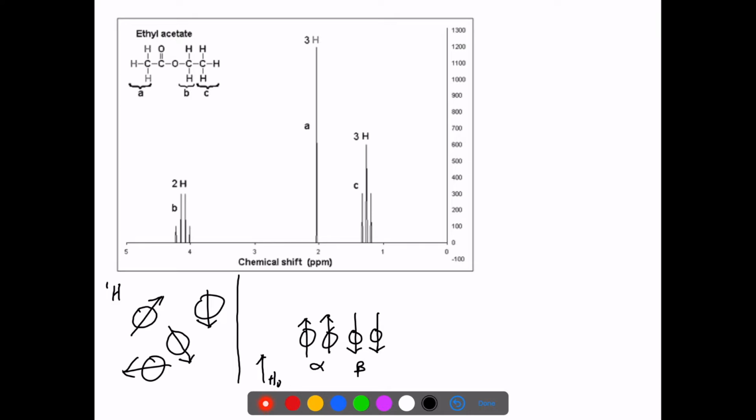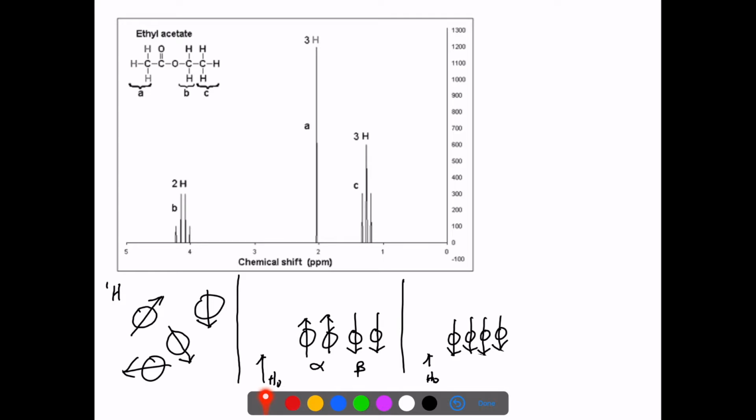And so we hit it with radio waves, and then again in the magnetic field H0, at least temporarily, all four, in this case we're just using four H1 nuclei, they would all line up with the magnet. And we could then detect what energy is needed to get these into that conformation.